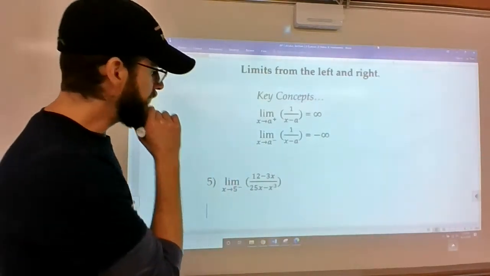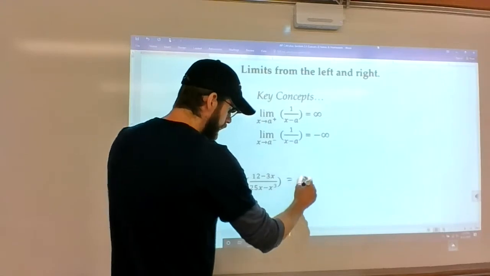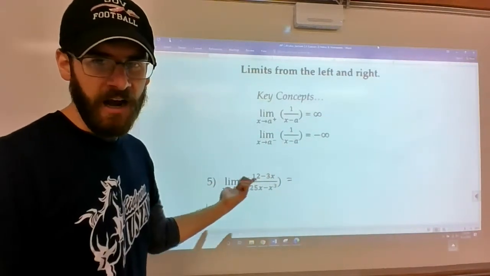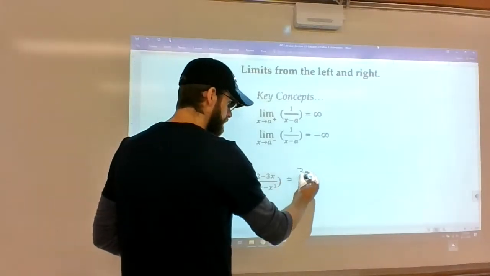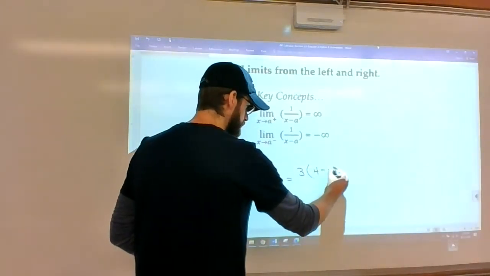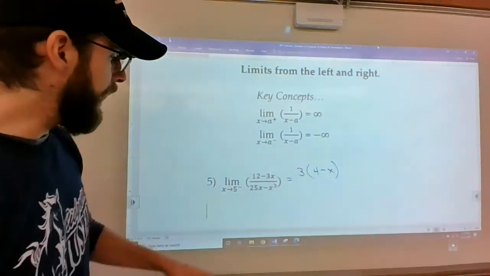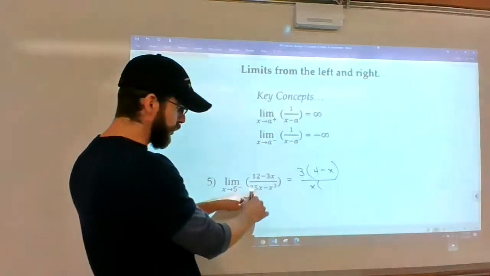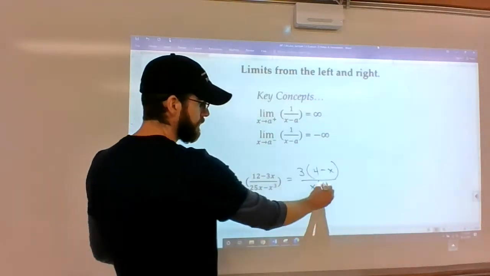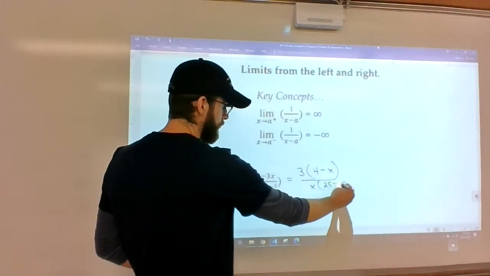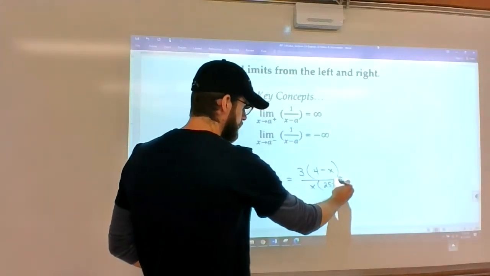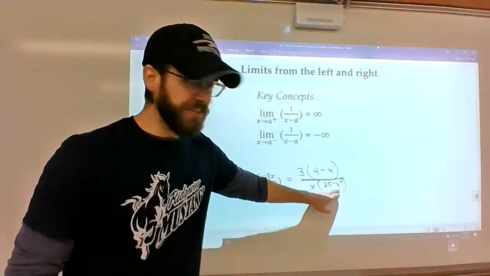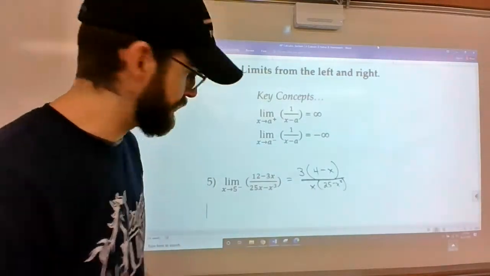We can do several things. We can technically factor out a 3 up top if we wanted to, and on the bottom, we could take out an x. That would give us 25 minus x squared. Then we've got 5 minus x, 5 plus x, difference of squares factoring.